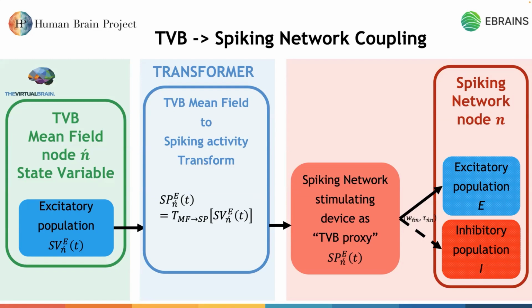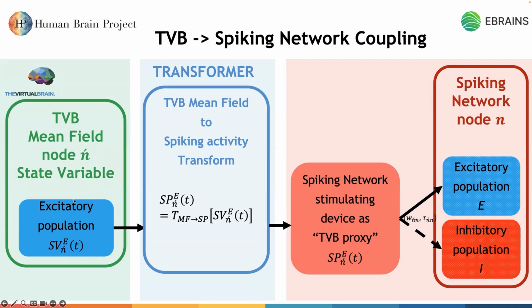So for the coupling, we have two scenarios. In one case, we can imagine that we have all the regions that are modeled in TVB, and they have some state variables that are characteristic of the mean field models they're implementing, like, for instance, average firing rate or average synaptic activity of a region. And now this activity has to be transferred to the spiking network in order to act as a coupling input for the regions that are modeled in the spiking network.